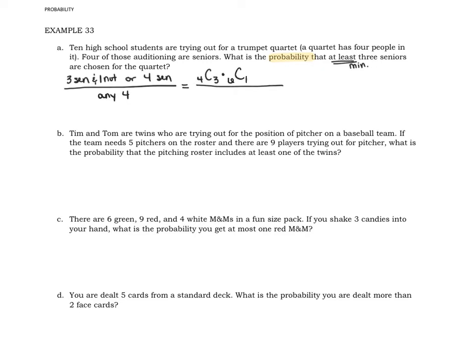We would choose 1 of them to be in the quartet, or out of those 4 seniors, we would choose every one of them to be in the quartet. The denominator is, out of all 10 students trying out, I need 4 to be in the quartet. That turns out to be 25 over 210. Again, no need to reduce that fraction unless you really, really want to.